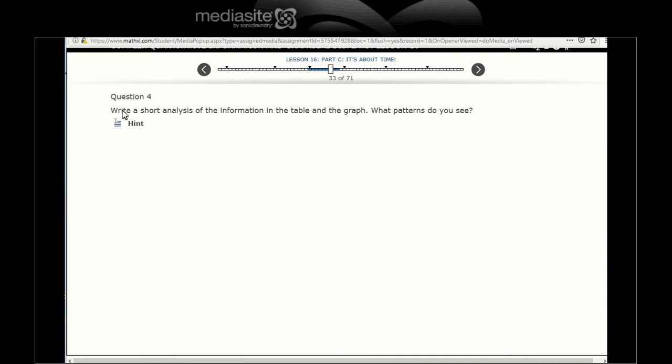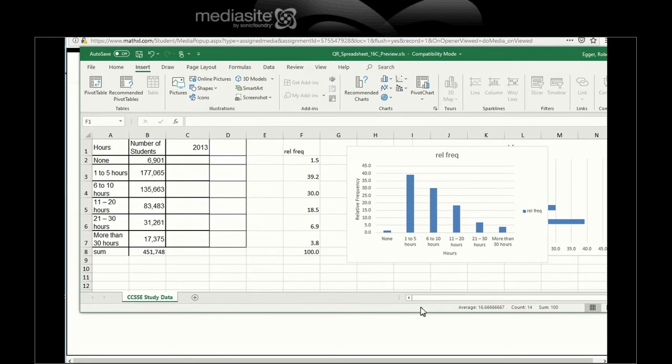Okay, write a short analysis of the information in the table and graph. What pattern do you see? I'm just looking at it now, and the pattern being the most, very few do zero participation, but a good majority of up to almost 40% do 1 to 5.